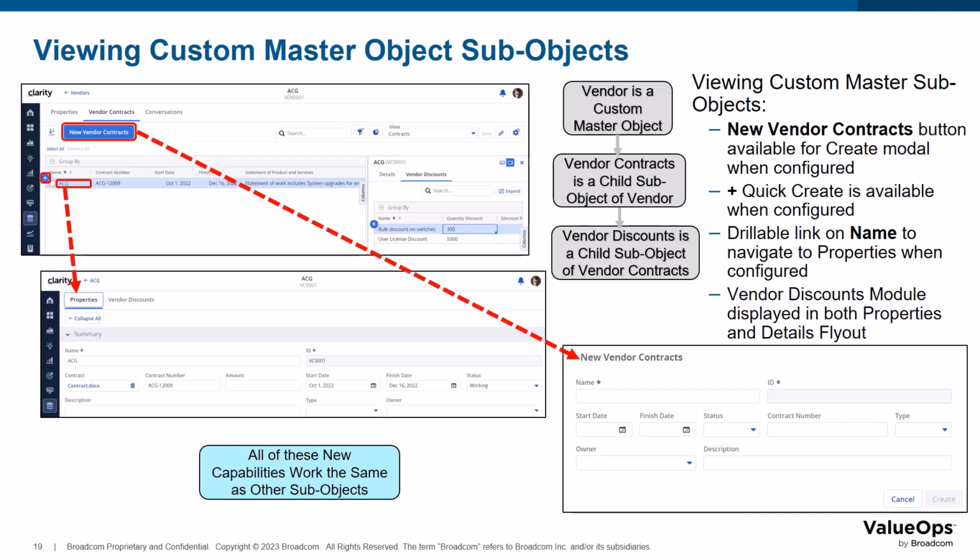So users, whenever they click that, they'll get the create modal to add new vendor contracts. And the quick create plus button is also enabled to create instances for that subobject. And the properties is enabled, so if you click on ACG vendor contract, you will navigate to its property screen. And again, these will all work the same way as they do for other subobjects.